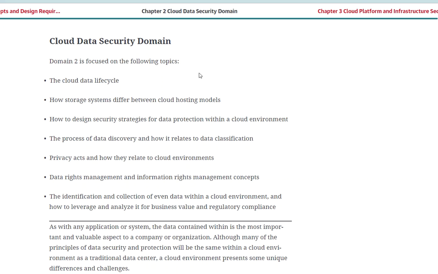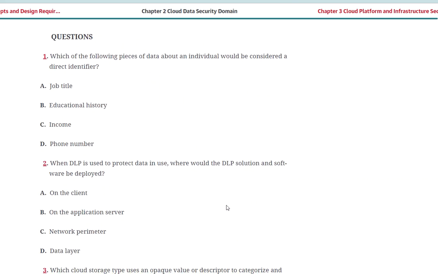In this, Domain 2 is focused on the following topics: the cloud data lifecycle, how storage systems differ between cloud hosting models, how to design security strategies for data protection within a cloud environment, the process of data discovery and how it relates to data classification, privacy acts and how they relate to cloud environments, data rights management and information rights management concepts, and the identification and collection of event data within a cloud environment, and how to leverage and analyze it for business value and regulatory compliance.